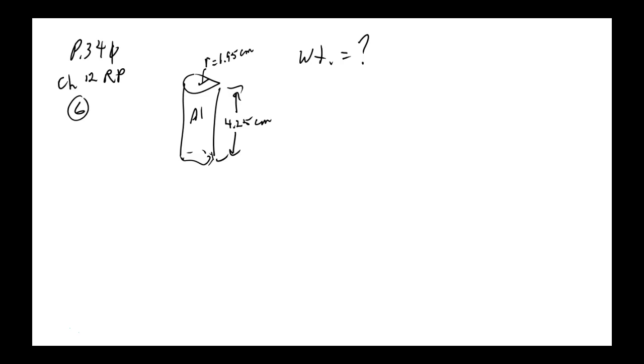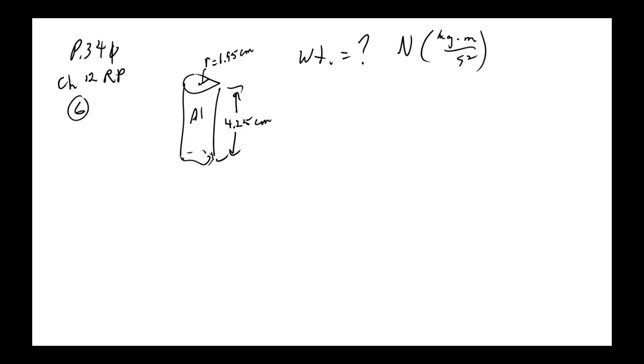Kilogram is a mass unit, not a weight unit. Newton, okay. So we want it in newtons. And what is a newton? A kilogram meter per second squared. Mass times acceleration. Okay? So, a couple of things we have to do. We have to get these measurements into meters and then go from there.